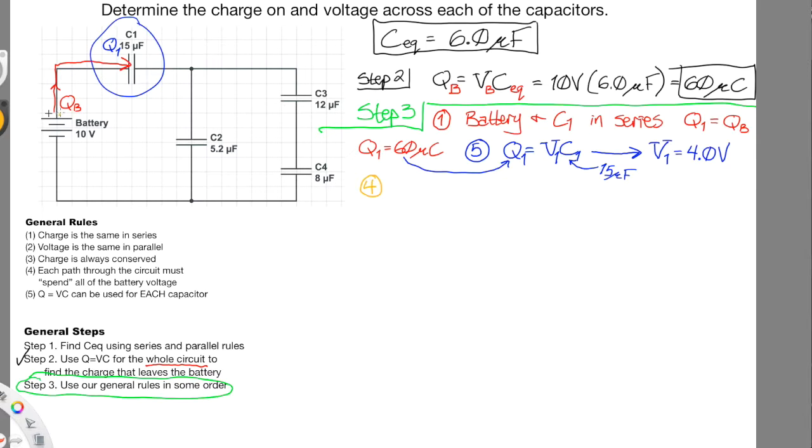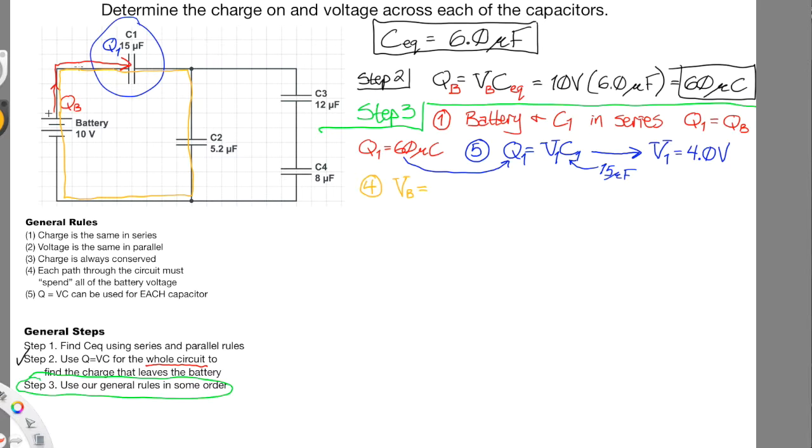So let's look at this path through the circuit that I've traced out in orange. General rule 4 tells us that the voltage we get from the battery, VB, has to be spent along the way.